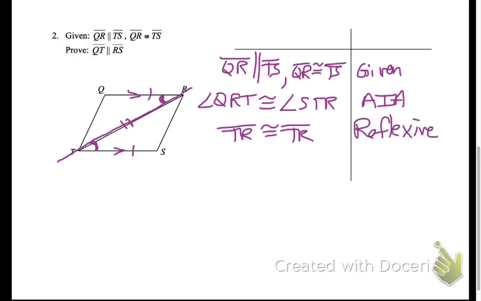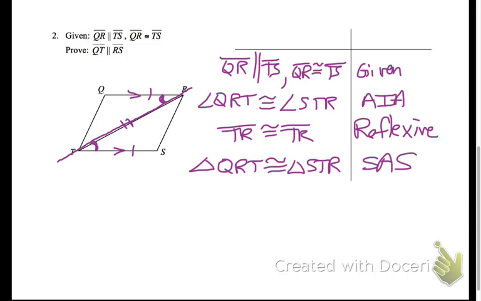Reflexive. So now we have triangle QRT is congruent to triangle STR, and we know that by side angle side. So QR and ST are congruent based on what's given, the angles are alternate interior, and then the shared side is reflexive. So we've got triangle congruence.